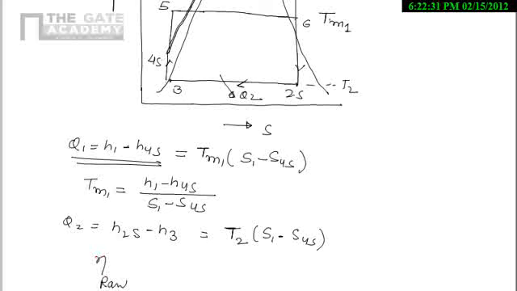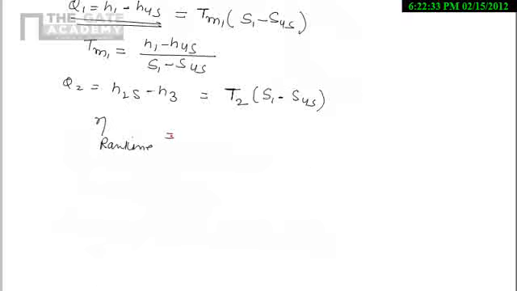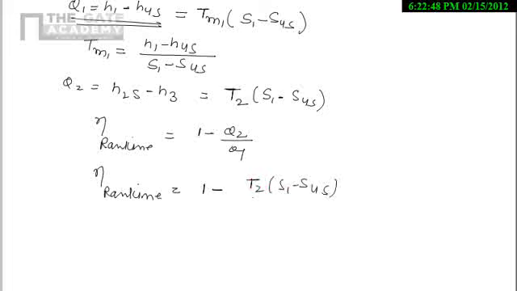Now find the Rankine efficiency. Rankine efficiency is nothing but 1 minus Q2 by Q1, that is the general formula. So again, for the efficiency of the Rankine cycle, in place of Q2 I can write T2 times S1 minus S4s divided by Tm1 times S1 minus S4s.